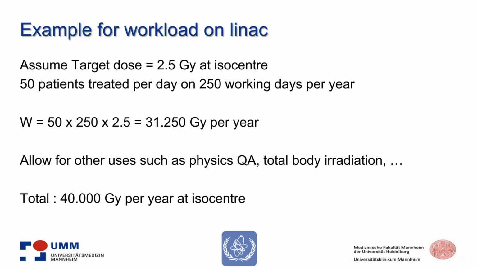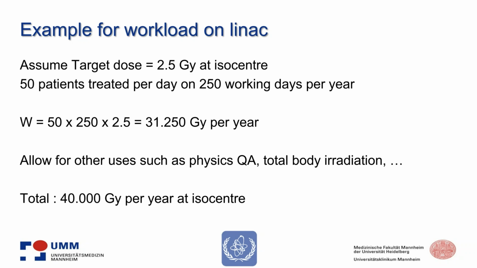An example of how to get a rough idea about the radiation protection for a linear accelerator. As I've mentioned before, you need the workload. You can assume the target dose given in the isocenter is 2.5 gray. You have 50 patients treated per day on 250 working days per year. And you see here, this is roughly 32 kilogray per year.